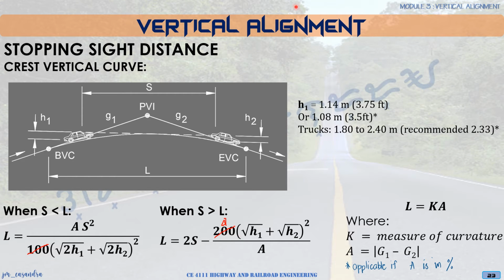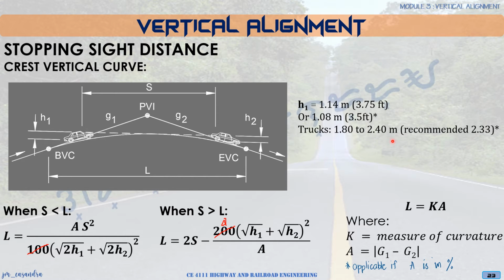Then for trucks, the height distance or the driver's eyesight now when he is in a truck would be ranging from 1.8 to 2.4 meters, and the recommended value would be at 2.33.